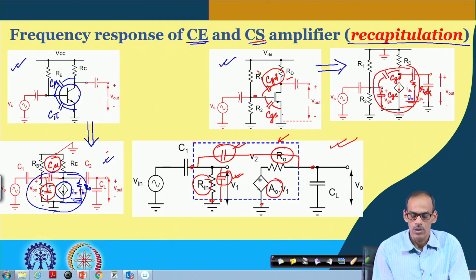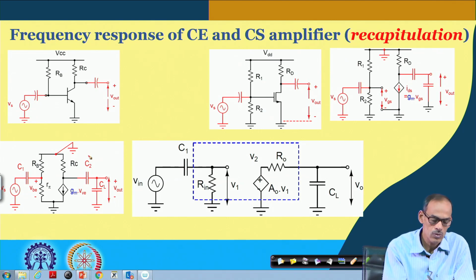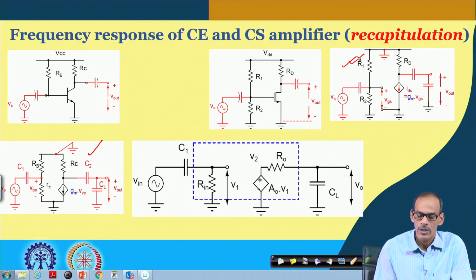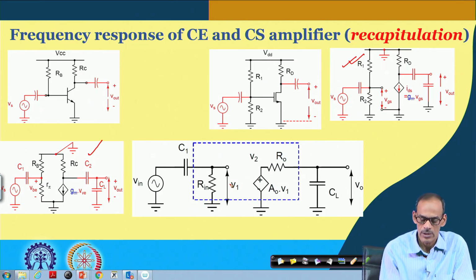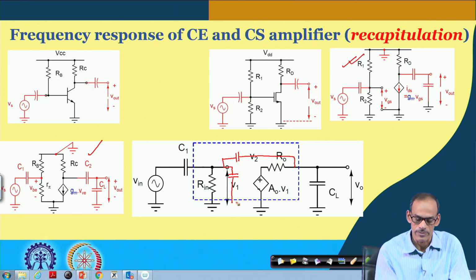So, in summary, so far we have discussed these two small signal equivalent circuits, and there we have seen the frequency response. Now, in our present discussion, we need to consider two more capacitances, and that will lead to a frequency response, particularly for high frequency behavior.